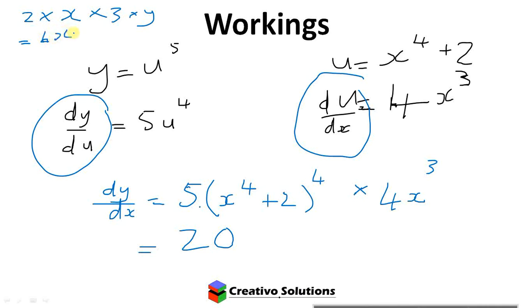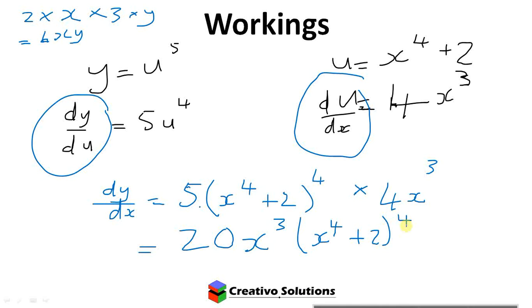Do you agree? That's the basics. So this would have been 20x to the 3 brackets x to the 4 plus 2 to the power 4. Do you have the same thing? Okay, you're missing a power 4. There we go. Now that's everything.